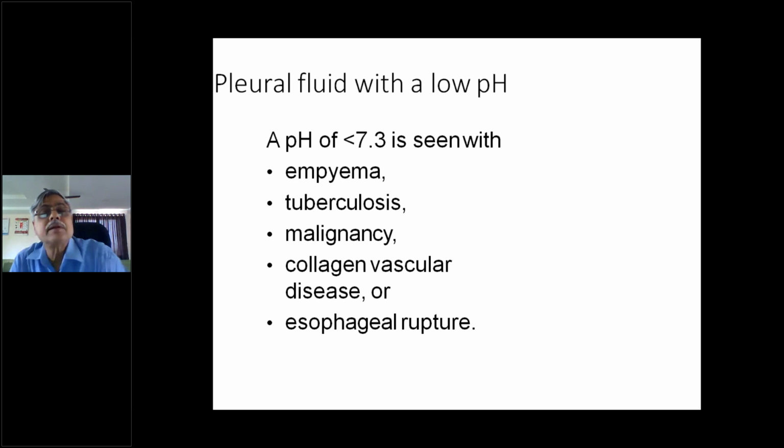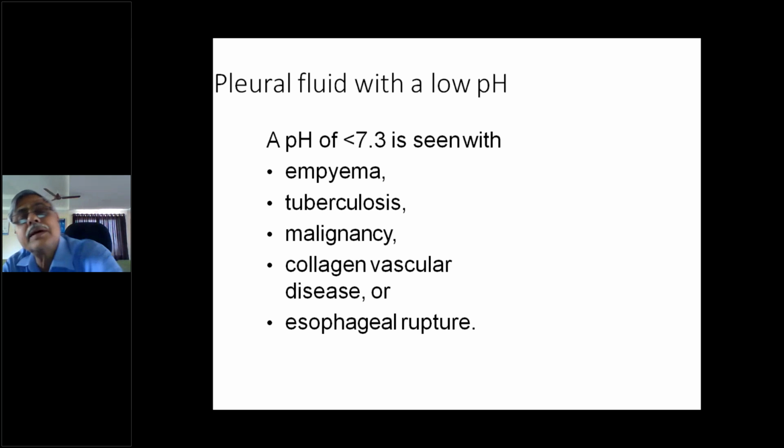In a transudate the pH will be more than 7.3, but in an exudate it will be less than 7.3. If the pH is low, it will be present in empyema, tuberculosis, malignancy, collagen vascular disease, and esophageal rupture. So that is important.